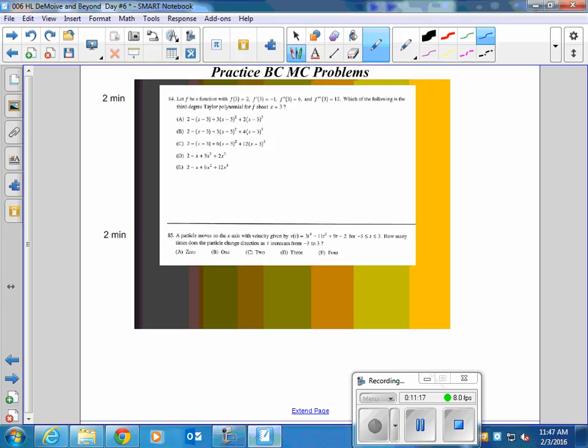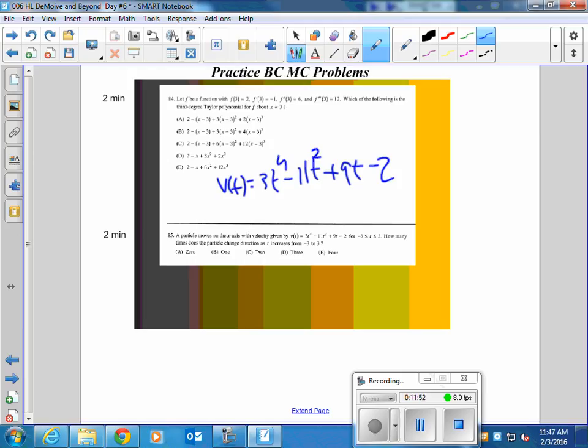Number 85: a particle moves with this velocity. How many times does the particle change direction? You have v of t equals 3t to the fourth minus 11t squared plus 9t minus 2. How many times does the particle change direction as t increases from negative 3 to 3?